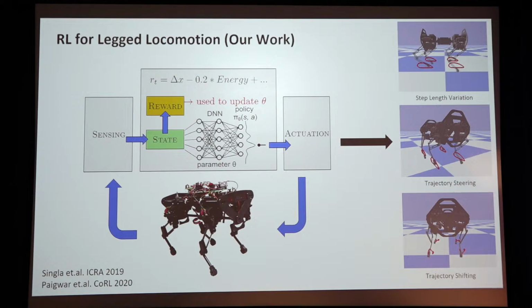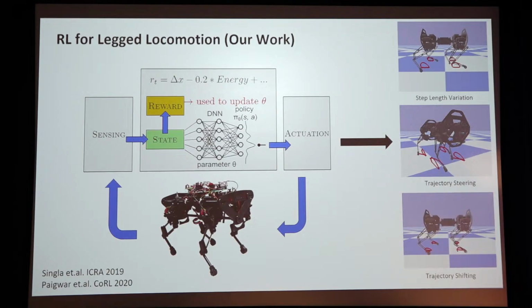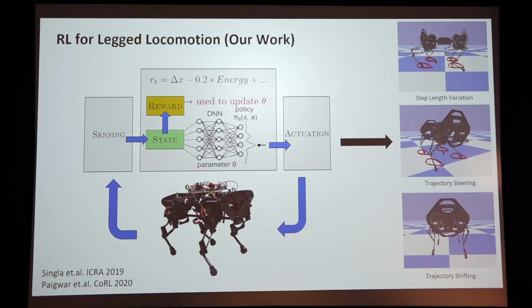Contact forces, for example, are generally not observable, like how much force is acting on the base of the robot. All these things are not known to the agent during deployment. Maybe in simulation you know that, but in deployment you don't. So accordingly you have to keep that in mind and design the rewards.